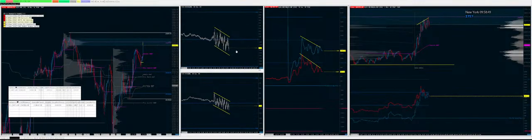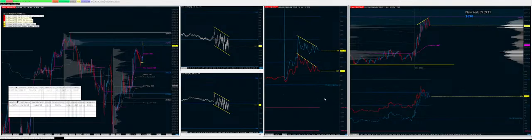We see that here because both of them are making lower lows, so they're in unison with each other, and we have a divergence in the order flow. So I would expect at a minimum price to stall, but it doesn't necessarily mean that we need to short it.